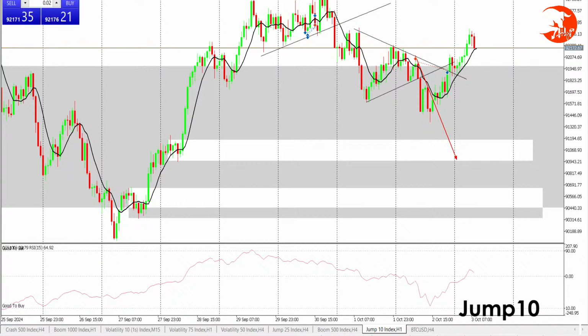But right now, instead it has somehow given us a new structure. So let's look at the new structure. This is a high that has given us this low, and this low hasn't been finished yet.